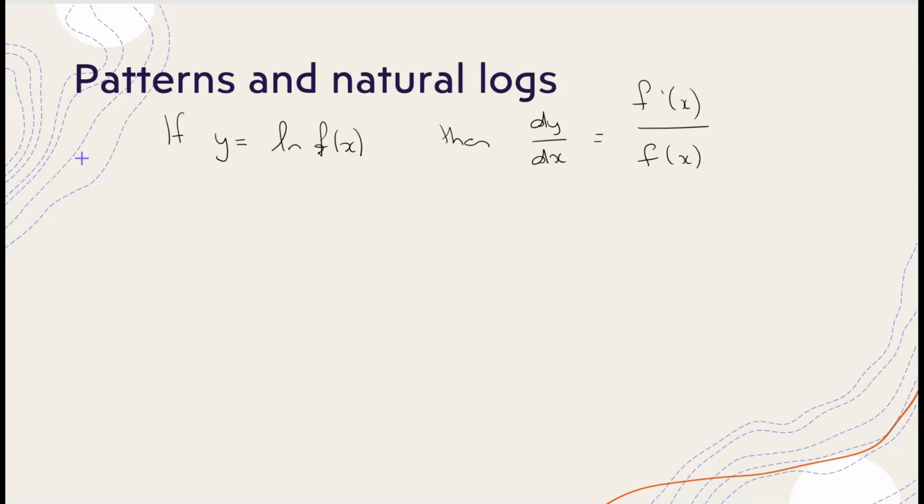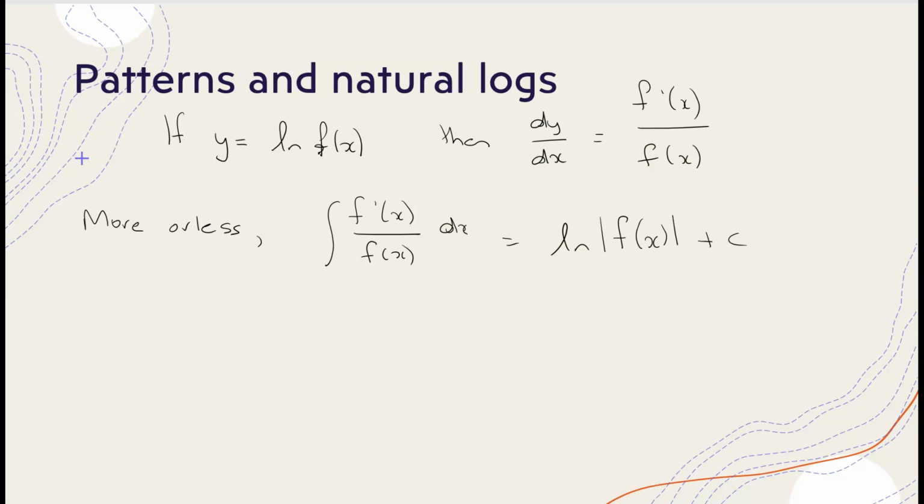So more or less, then we can work in reverse. Then the integral of that, so just going backwards because integration does, is equal to the natural log of the absolute value. Now we just have to put in the absolute value there because there might be some negative signs that mess us up, but more or less we can do that.